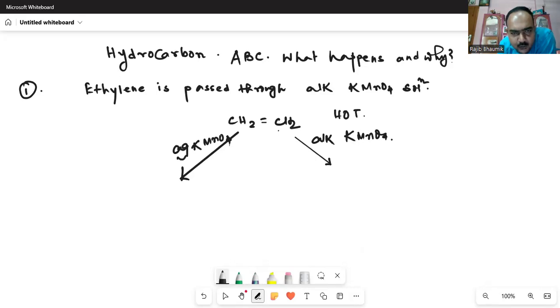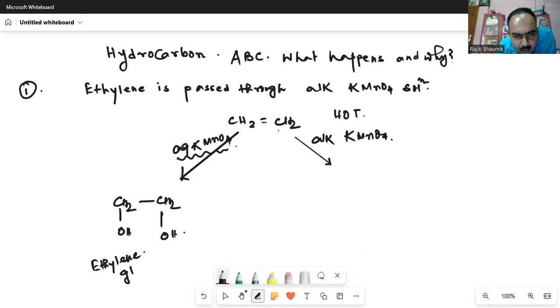If aqueous KMnO4 is given, then this will give ethylene glycol.